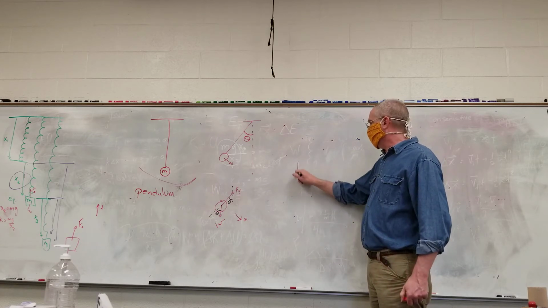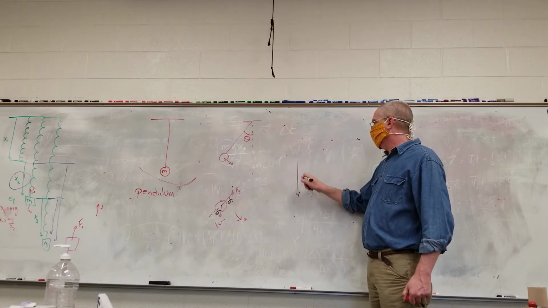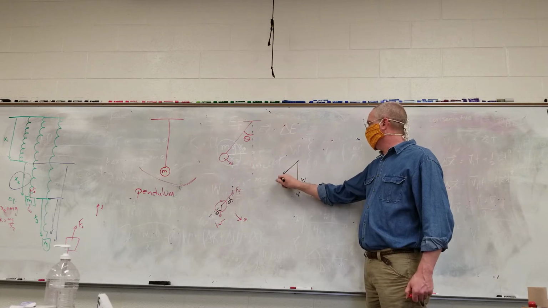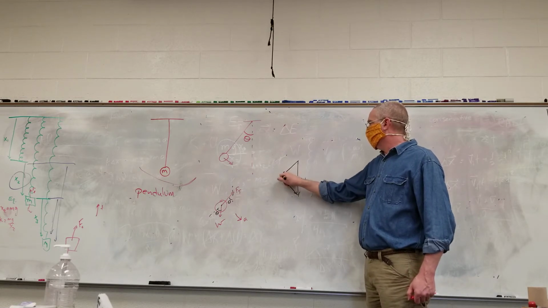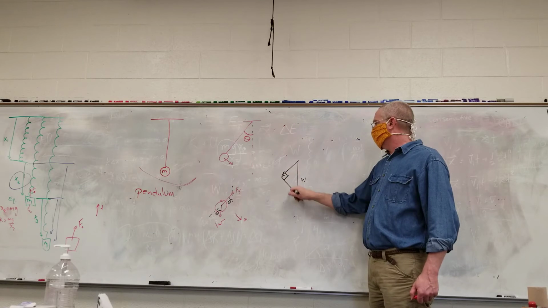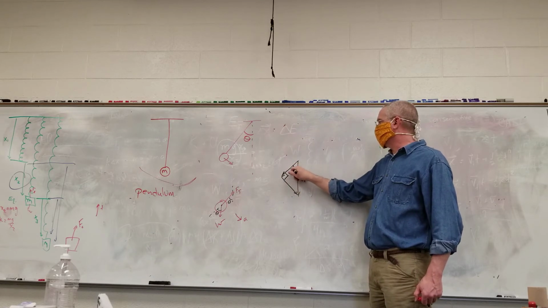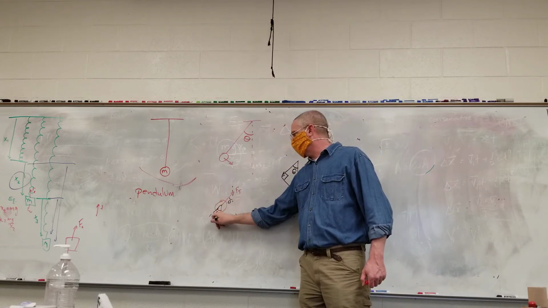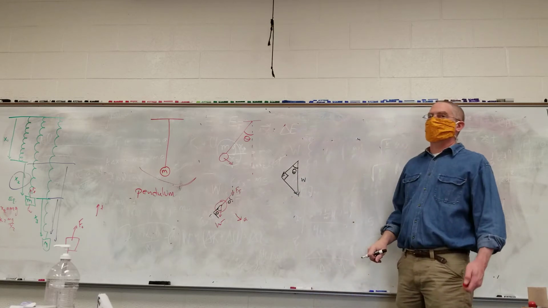So I'm breaking weight up. I have weight acting down, and then my perpendicular components, where this angle here is theta, just basically looking at this triangle right here, except drawing it bigger.